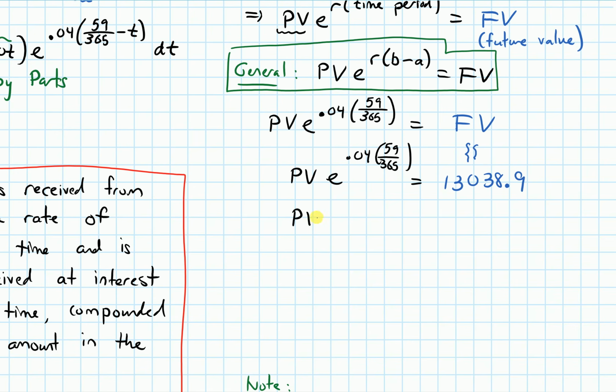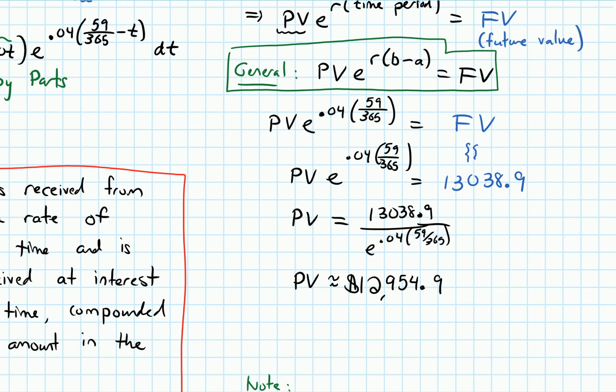I just have to divide by this e term. So PV equals 13038.9 divided by e to the 0.04 times 59 over 365. And I'm going to round that to one decimal place as well. And I get $12,954.9. And that's my present value.